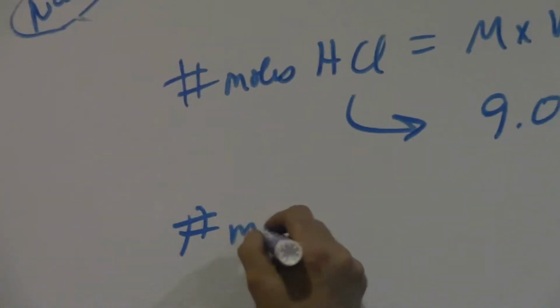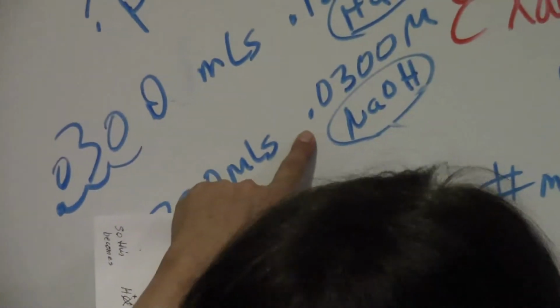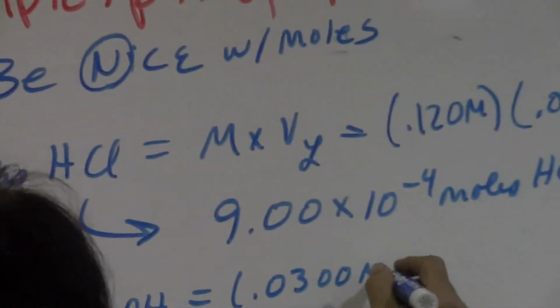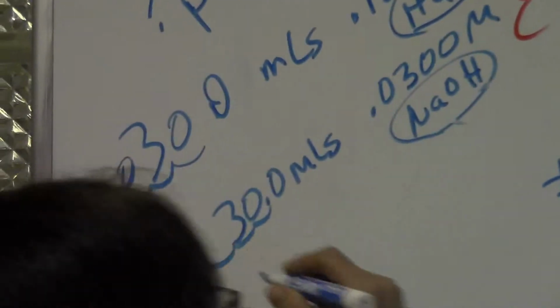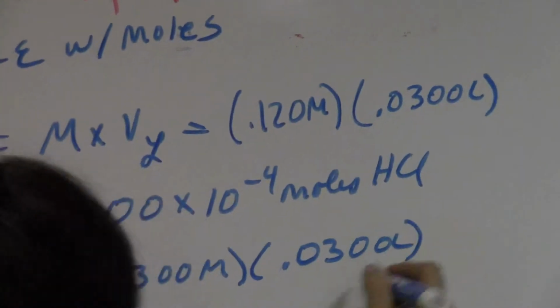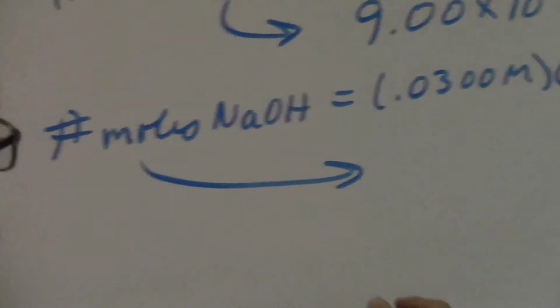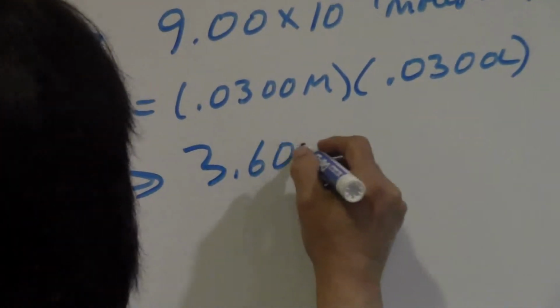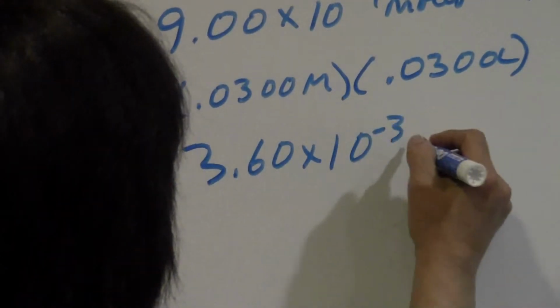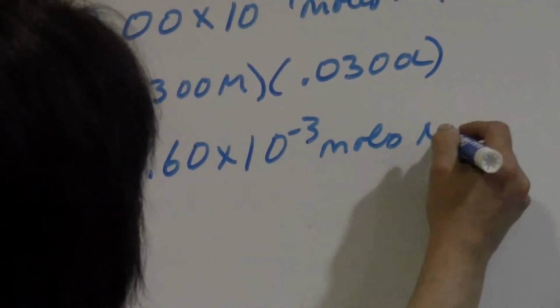For our moles of NaOH, again, M times V, our molarity is 0.0300. We're going to change milliliters to liters, 1, 2, 3. So again, we have 0.0300 liters. So our moles of NaOH works out to be 3.60 times 10 to the minus 3rd moles of NaOH.